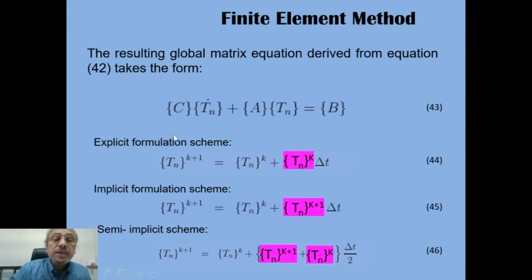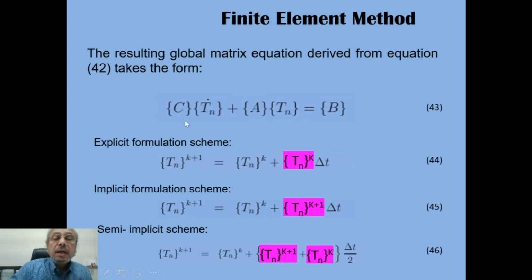Since the mass lumping concept has been used, here we can write basically T k plus 1 minus Tk by delta T, where k is the time level. And if we write that, we can write T k plus 1 equal to Tnk plus all the terms shifted to the right hand side, that function of Tnk into delta t. Or we can write the implicit scheme.